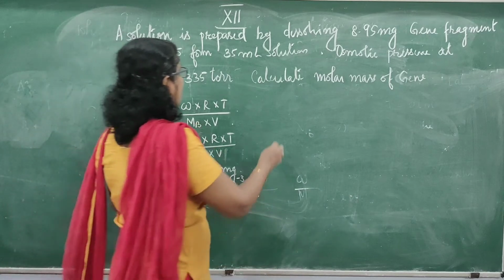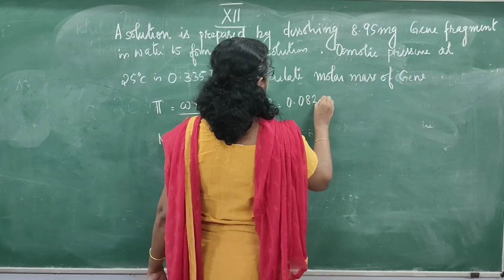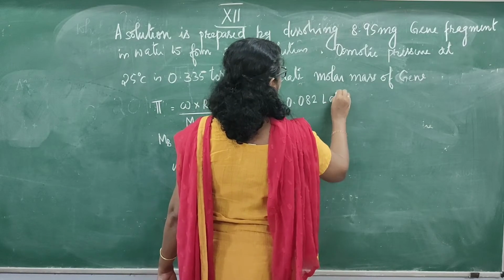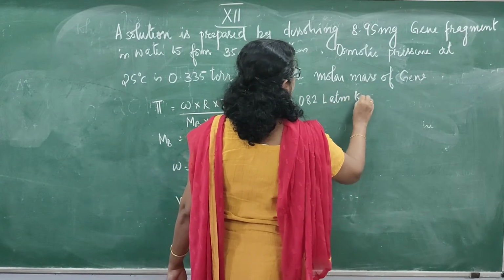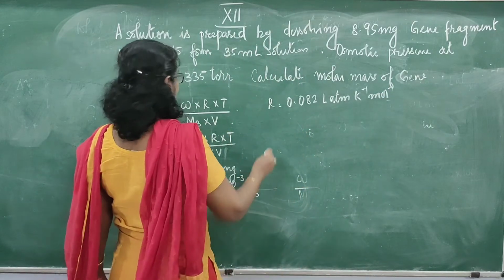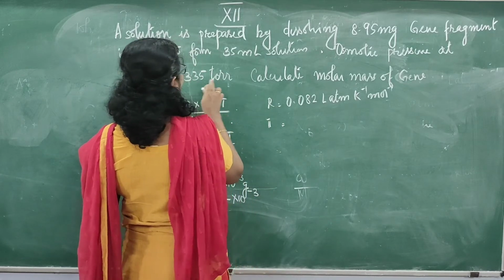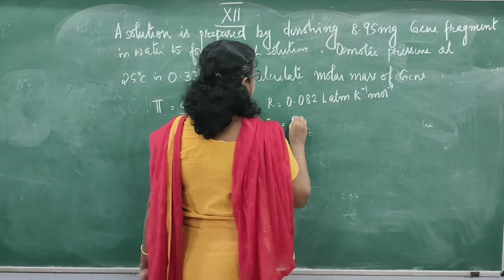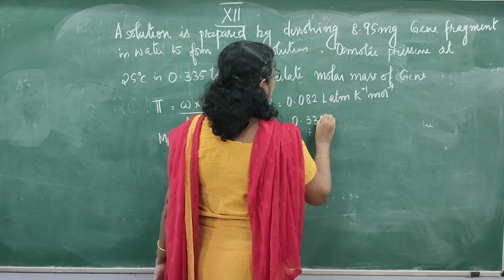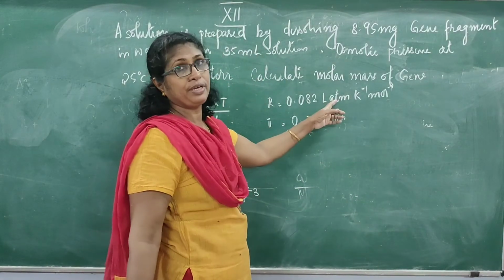Now what is the R value? R is equal to 0.082 liter atmosphere Kelvin inverse mole inverse. Now what is our osmotic pressure? Pi is equal to 0.335 torr. It must be converted to atmosphere.